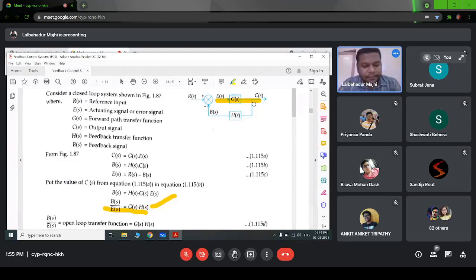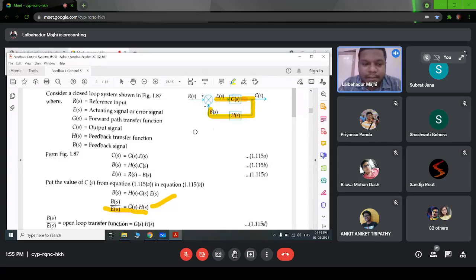From this takeoff point, the C of S signal is going to this path. If we consider this path, there is no summing point, so this is not a closed loop system. It is an open loop system. The flow of signal is in this direction, so E of S is the input and up to here B of S is the output.